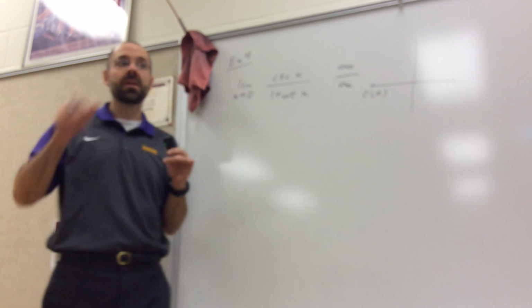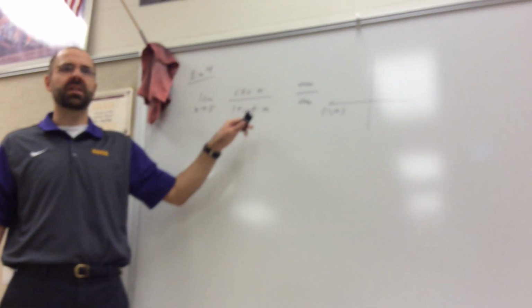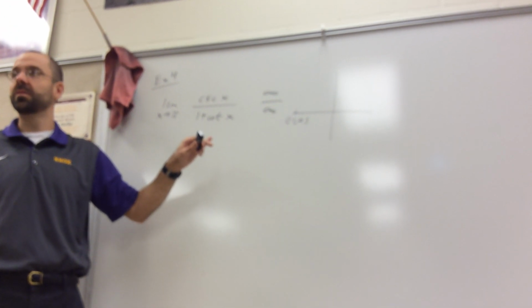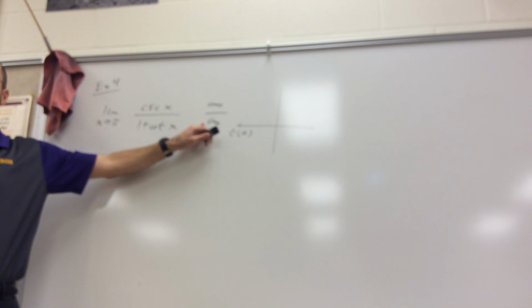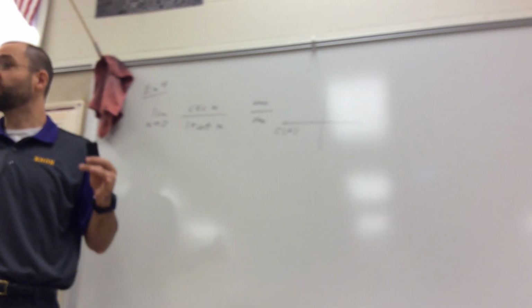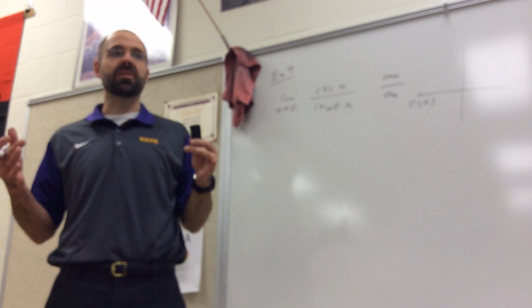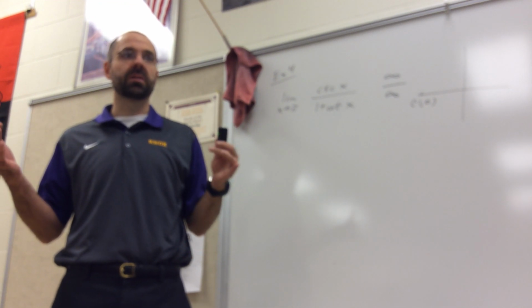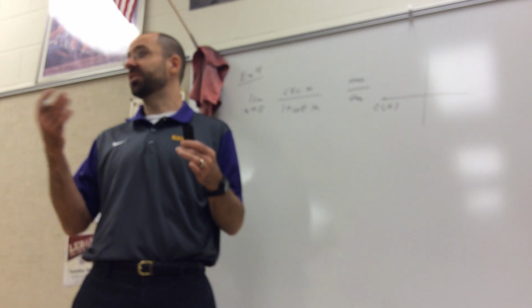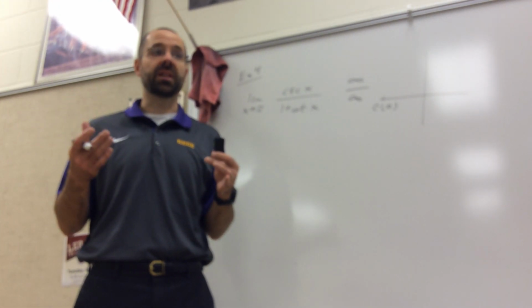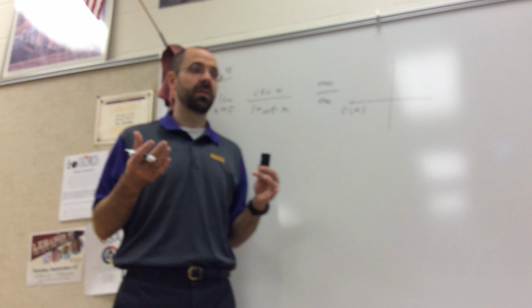Good. Okay, so why did I go through all that logic? Why did I care what was going on over here? Because I had to make sure that L'Hopital's rule applied, right? I can't just apply the rule when it doesn't work. With L'Hopital's rule, you have to verify that you're getting either 0 over 0 or infinity over infinity before you can use it.